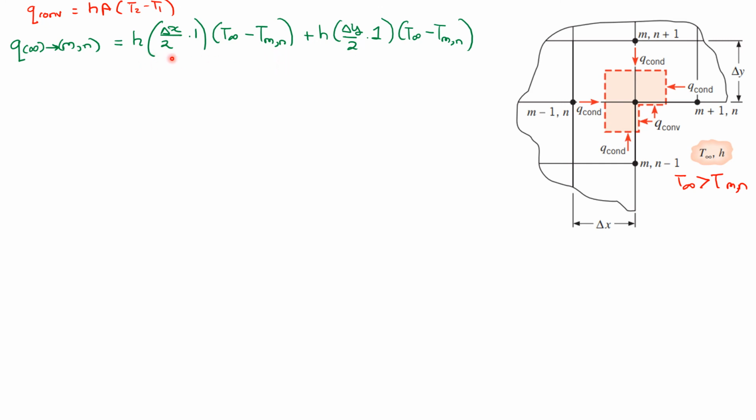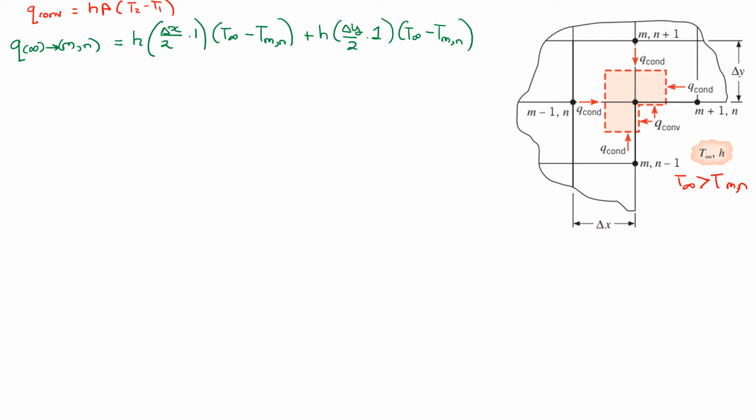First we write how much heat is being convected in the y direction, and how much heat is being convected in the x direction. So h is our convective heat transfer coefficient times our area.